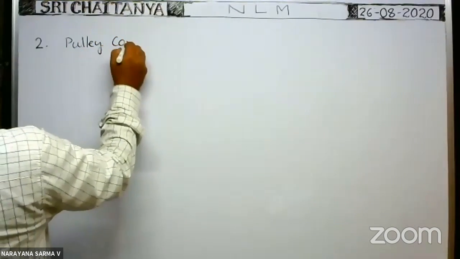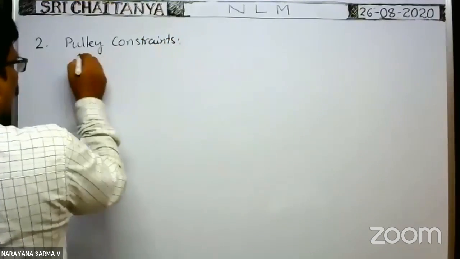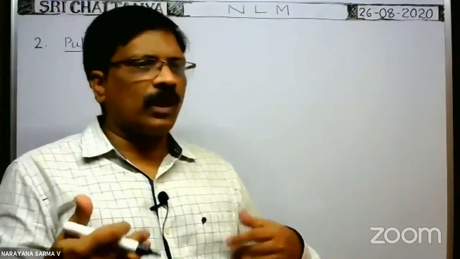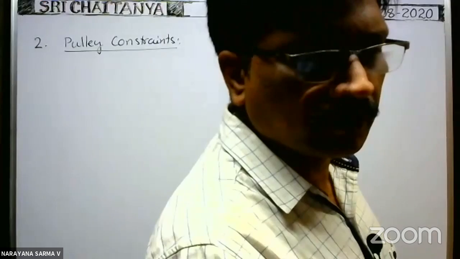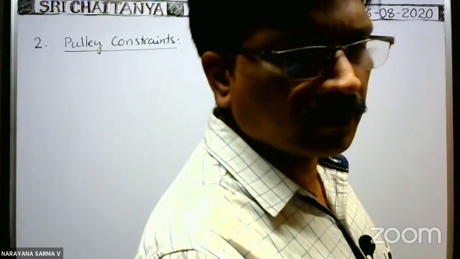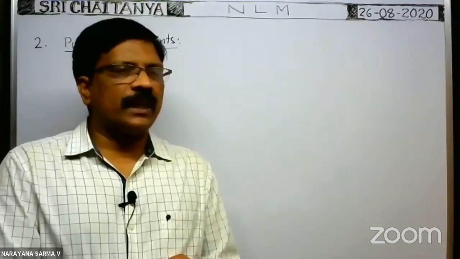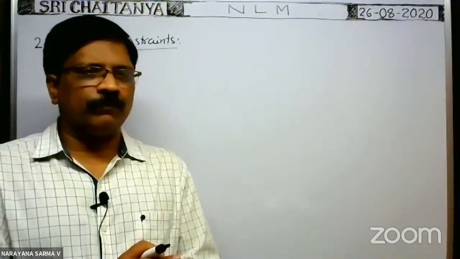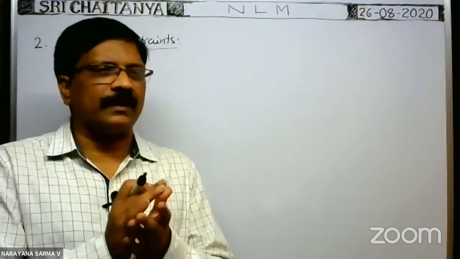Pulley constraints means whenever two or more blocks are joined by means of strings and the strings are passed over a light frictionless pulley, the motion of the bodies is restricted.